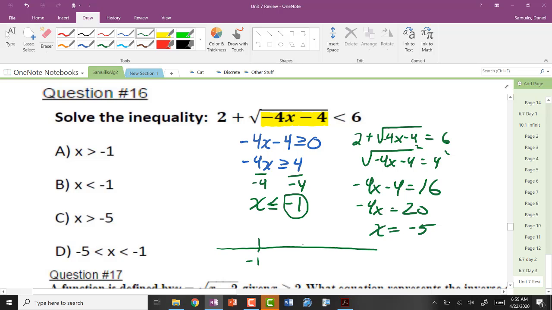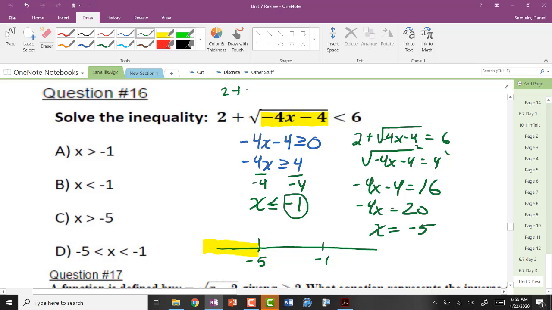So we have negative 1. Just a second here. Negative 5 is smaller than negative 1 on the number line, so this is how that has to look. So we want to check a number that is less than negative 5. Let's go with negative 6.